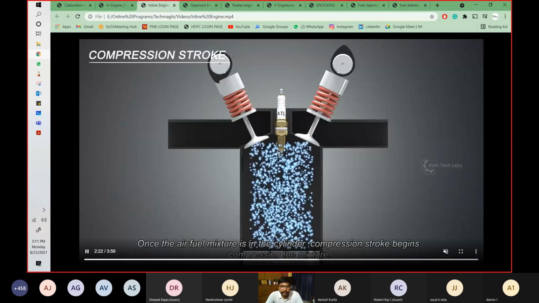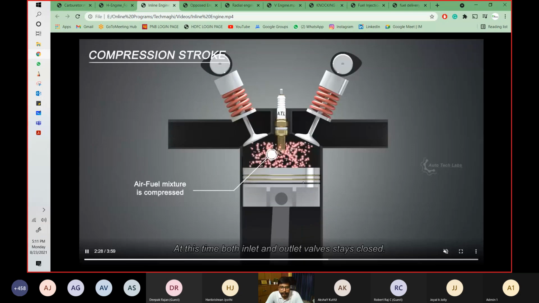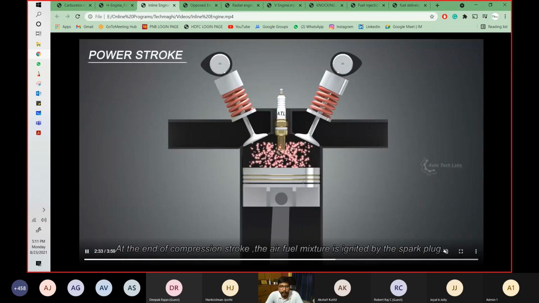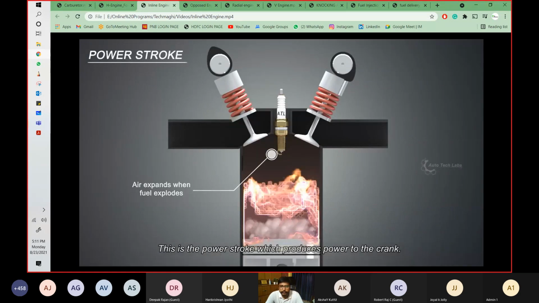In compression stroke, this air fuel mixture will be compressed. And then power stroke, this spark plug will produce a spark over here and this power stroke will happen. Power stroke happened and then exhaust stroke. So this valve will open up and exhaust will happen.